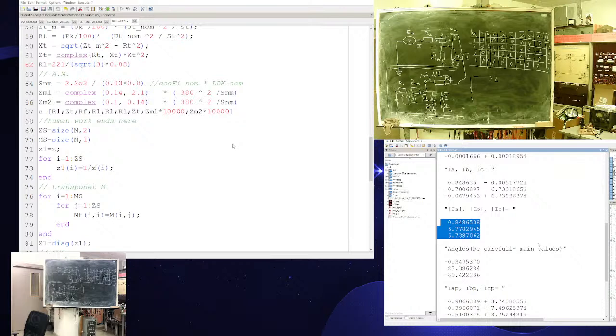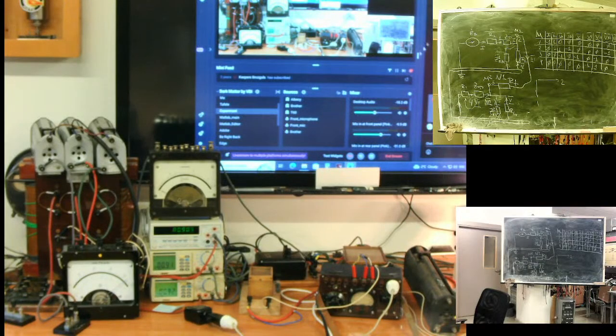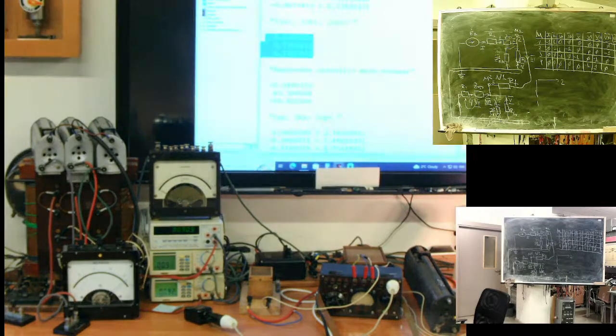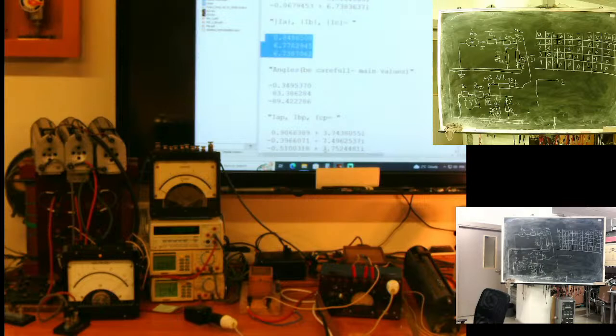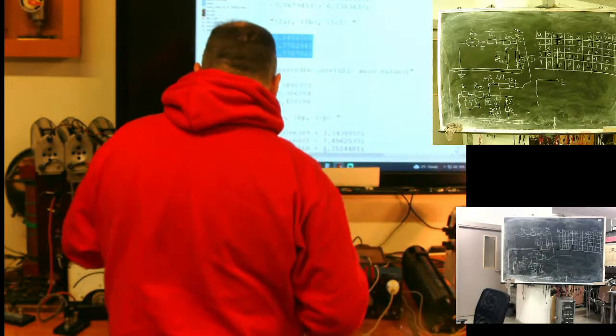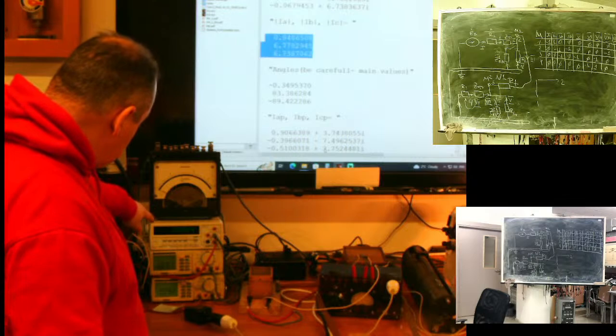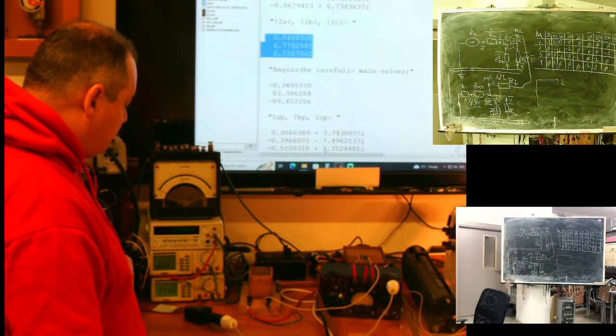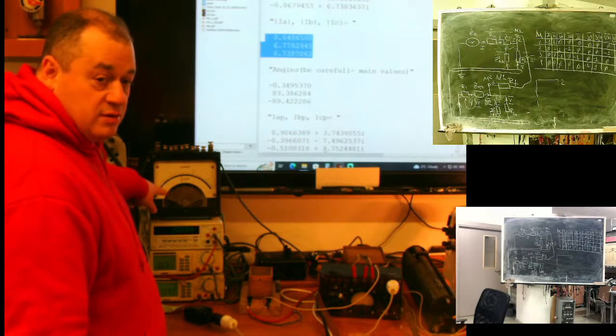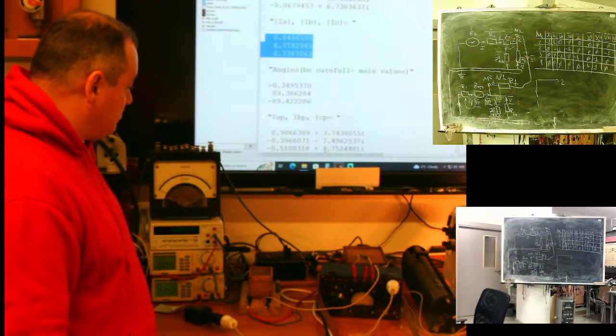Okay, one moment. Load current flows, 0.90909. Ground wire 0, the load is symmetric.